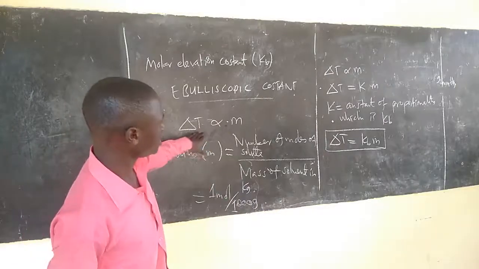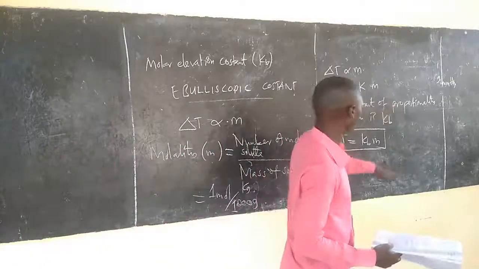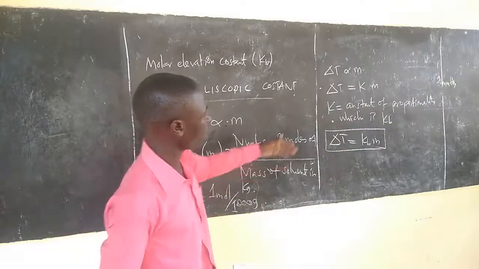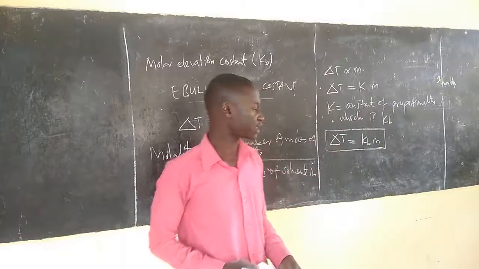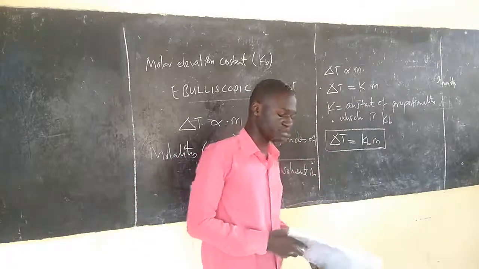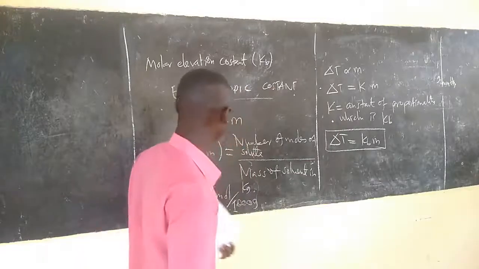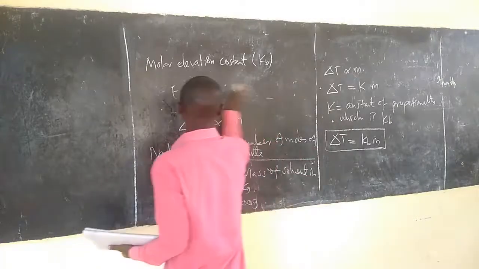So ΔT equals Km, but K is the constant of proportionality called the ebullioscopic constant Kb. So we get the equation: change in temperature is equal to Kb times the molality of the solution m.